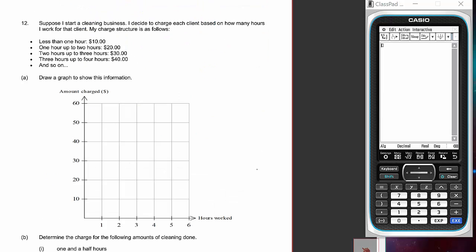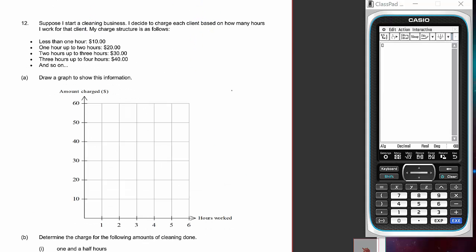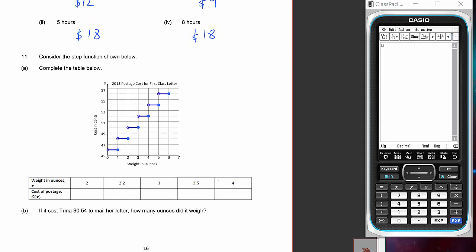Okay, so we've only got a couple of bits to go. Let's try and get that one in screen. There we go. So consider the step function below. Complete the table first. So weight in ounces, cost of postage. So for 2, we can see the cost is 48. 2.2, we'd have to go up to the next one.